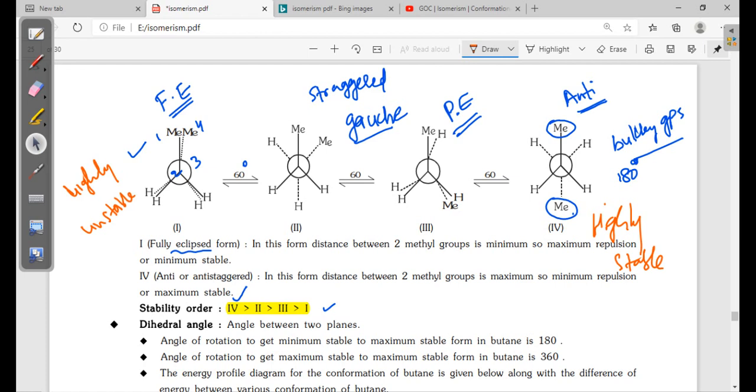Why? Completely full repulsion: methyl, methyl, bulky groups are near. These two are in between. Of course, here some eclipse nature is there, and here it is staggered. So second is better than third. So highest stable is fourth, then second, then third, then first.